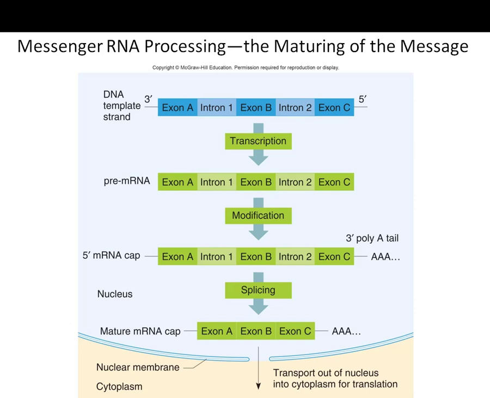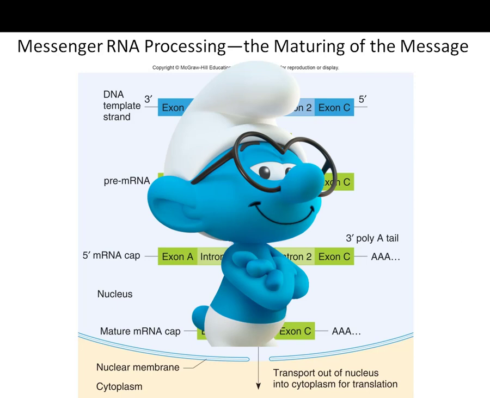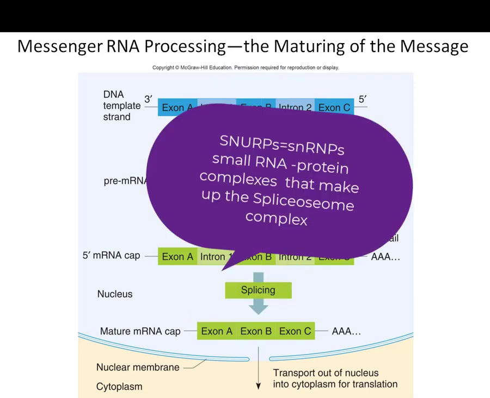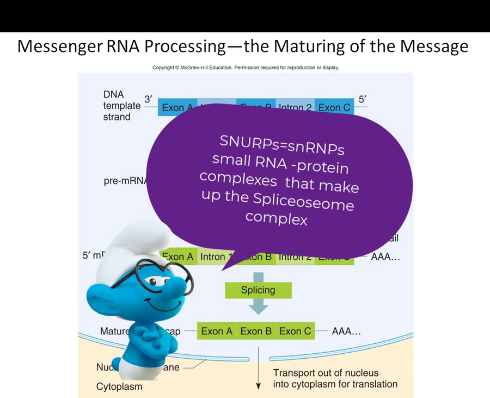Essentially you have boundaries between exons and introns with specific sequences which are recognized by the spliceosome. The spliceosome is composed of small RNAs and proteins, and those are known as snRNPs, or snurps.